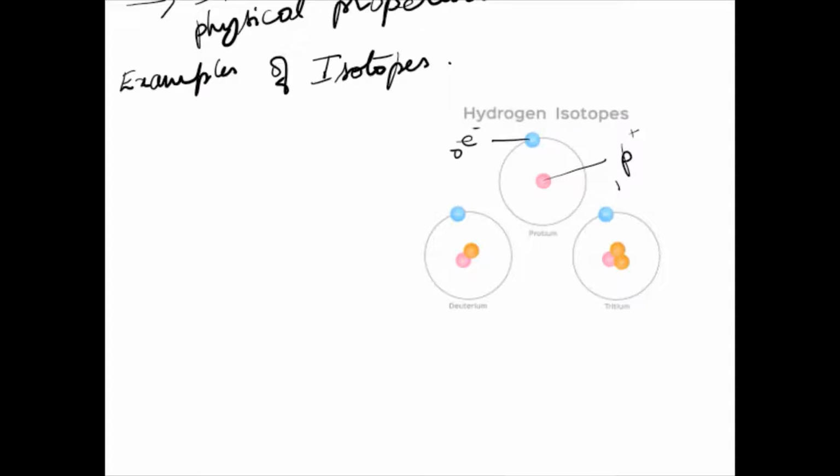This deuterium, an isotope of hydrogen, has one electron as usual, but it has one neutron extra. There is no neutron in this. This is called protium. This is called deuterium, isotope of hydrogen. This has one neutron extra, okay, and this is the proton, okay.